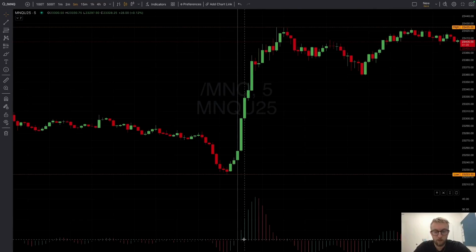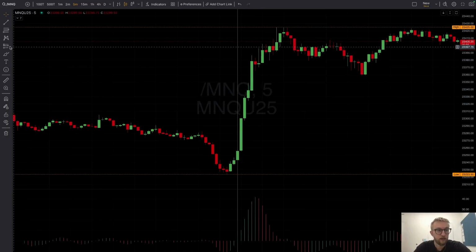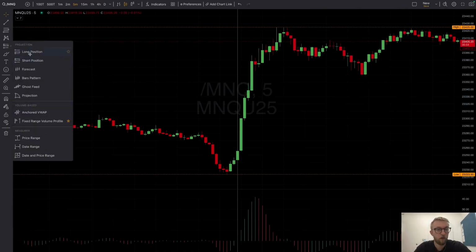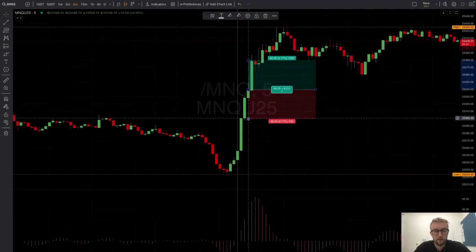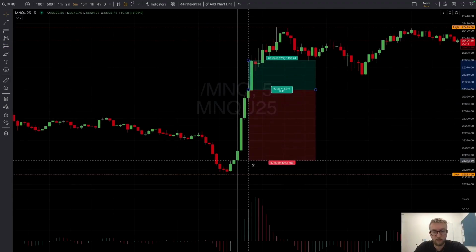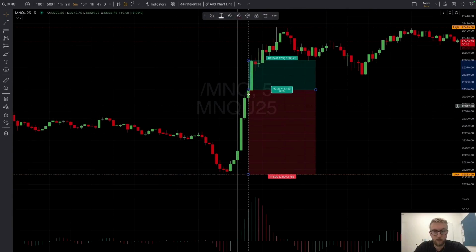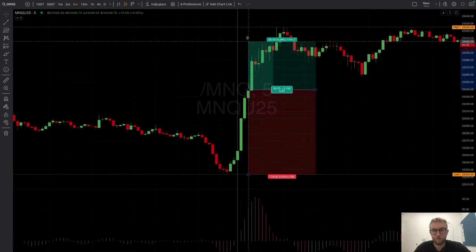So 1 green, 2 green, 3 green. Right here, we're going to take a long position right here. And this is pretty bonkers, but the previous swing is here. There wasn't much of a swing on any of these candles. So that's where you would risk.